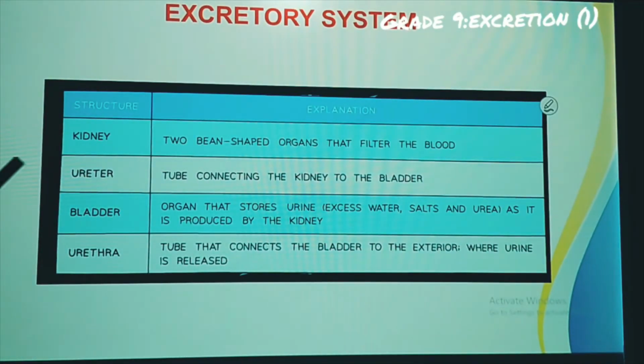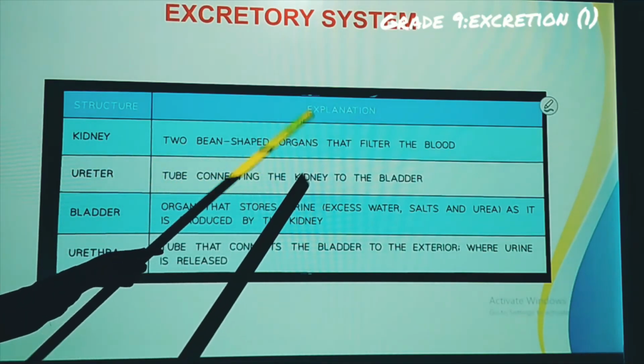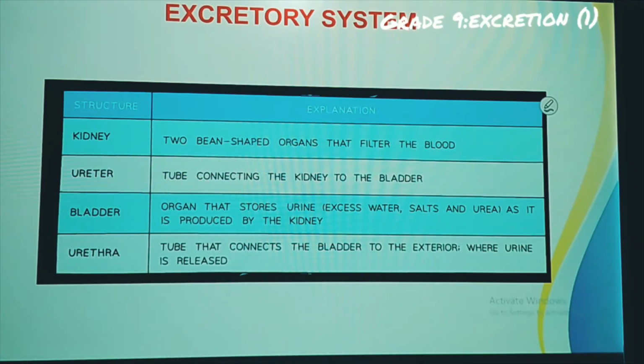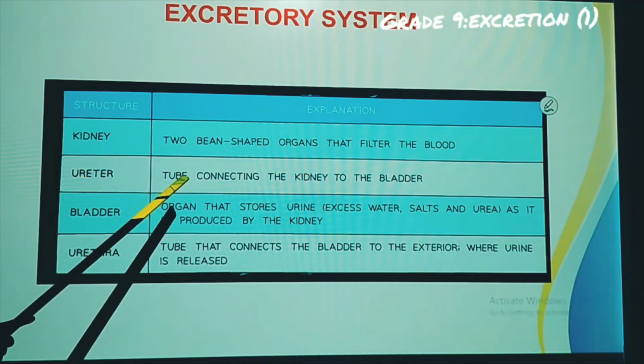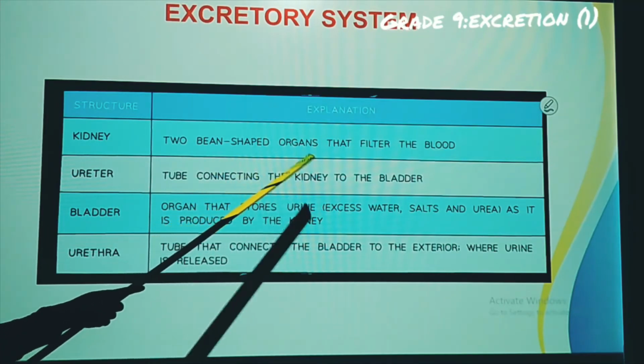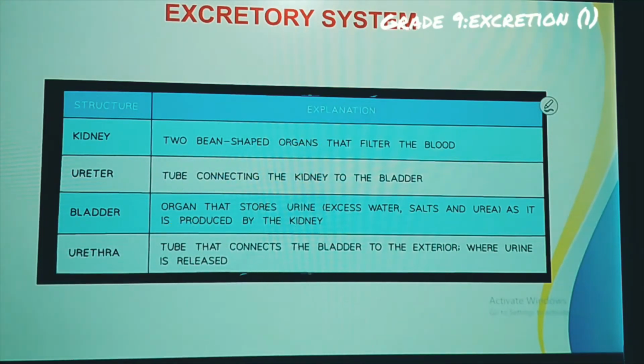The kidneys are two bean-shaped organs that filter the blood. So the function of the kidney basically is to filter the blood and take the waste material or the toxic materials out of the blood. The ureter, I said before, is a tube connecting the kidney to the bladder.